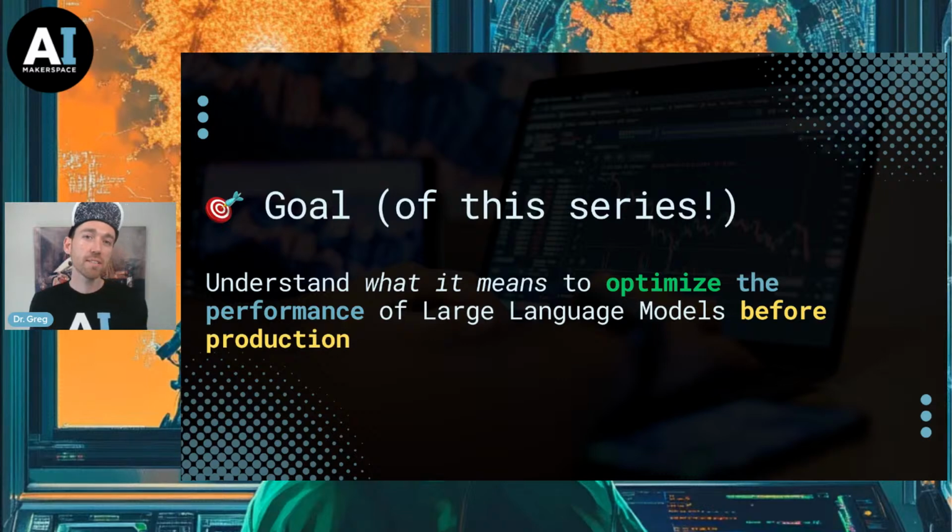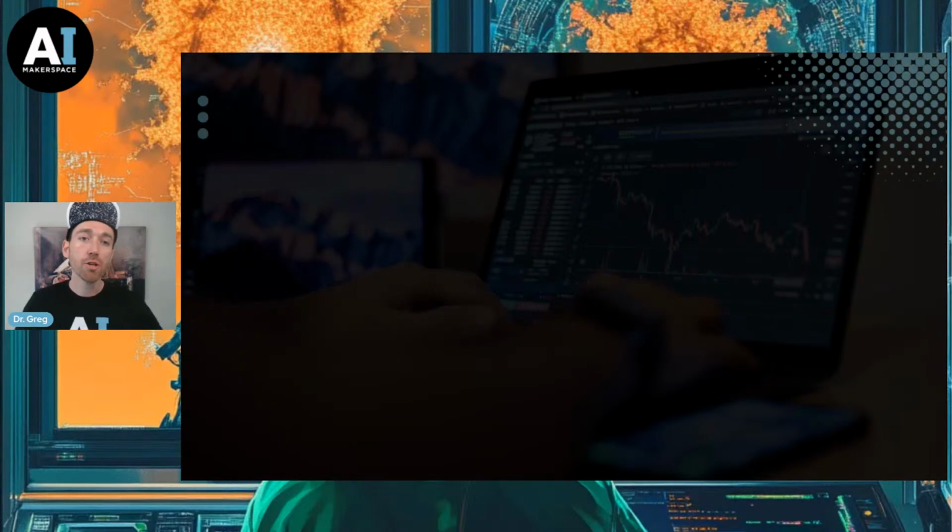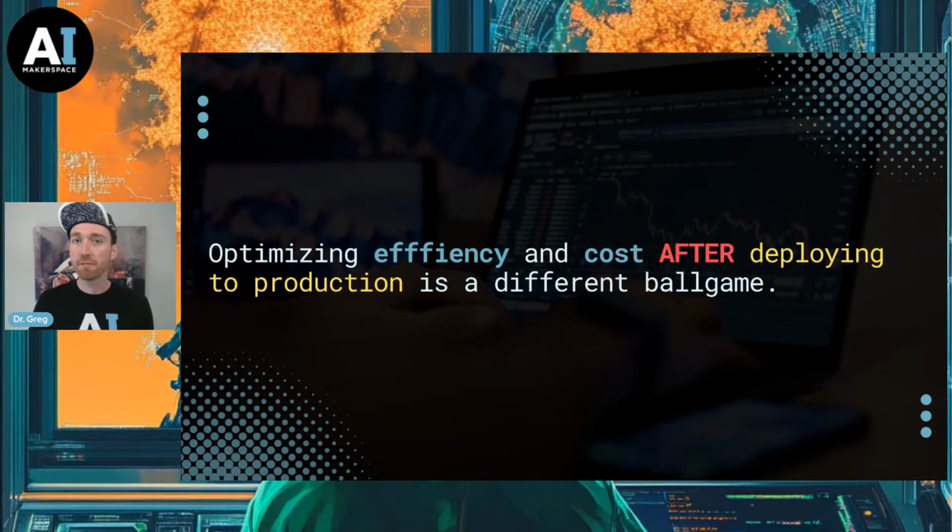The goal of this series is to understand really what it means to optimize the performance of LLMs before you send them to production, okay? This is important because, of course, you can talk about all sorts of efficiency optimizations, cost optimizations, and all sorts of production optimizations.